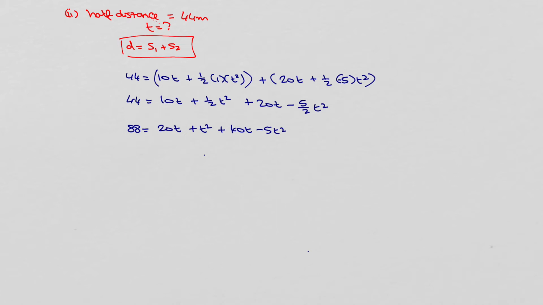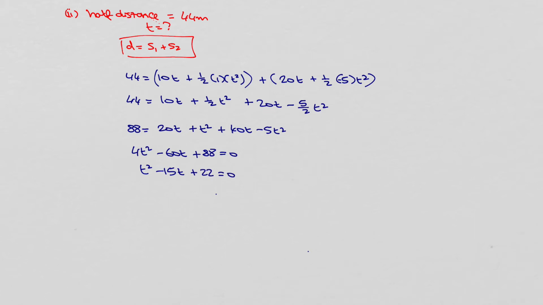So simplifying that and bringing everything to the left-hand side gives me 4t squared minus 60t plus 88 equals 0. And if I divide across by 4, I get t squared minus 15t plus 22 equals 0.